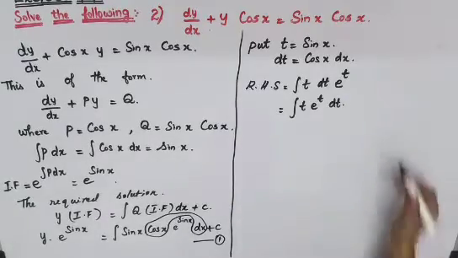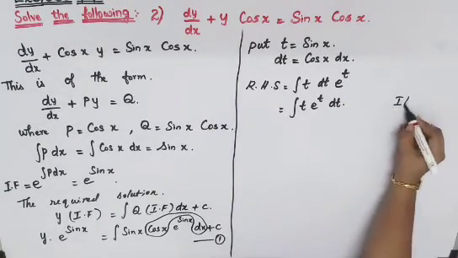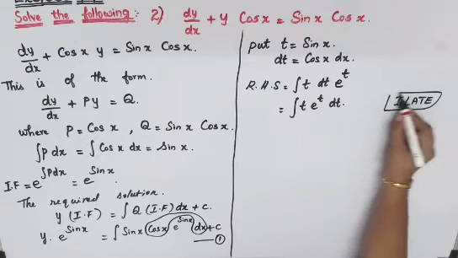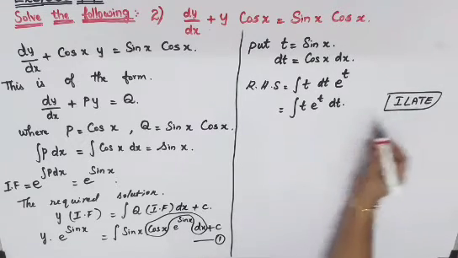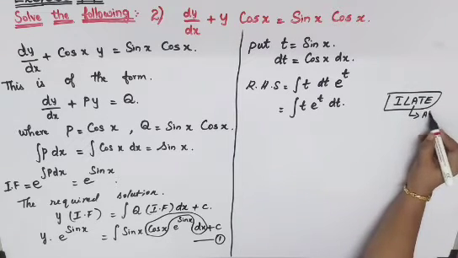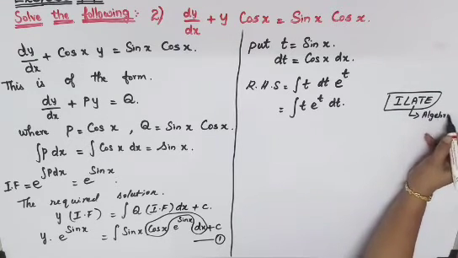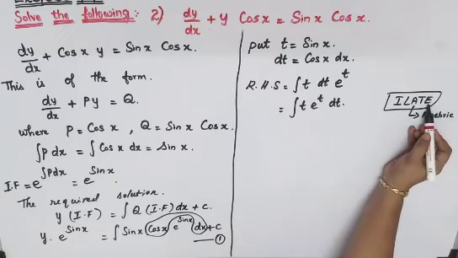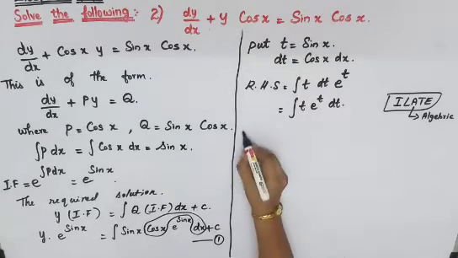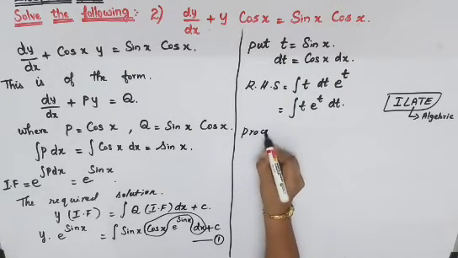Proceeding with the ILATE format, this we have studied in the earlier chapters. First we have to check what is here. Here t is your algebraic term. Then comes your exponential, e is your exponent. We can proceed with the integral using Bernoulli's theorem.